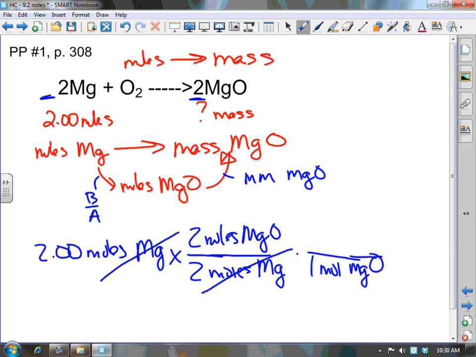So we're going to add the molar mass of magnesium, which is 24.305, and we're going to add it to oxygen, 15.999. So call it 16, 34, 40, 40.304.